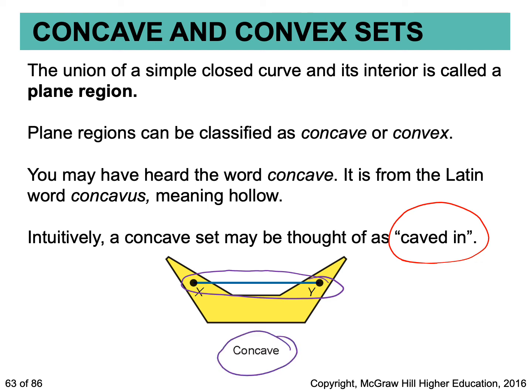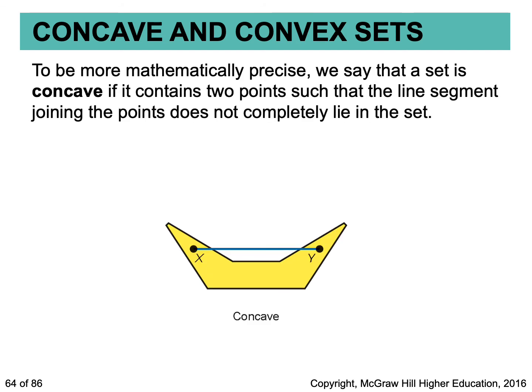If you have any 2 points inside of a shape and the line segment that connects them goes outside of the shape, then you have a concave shape. Even though we would be able to draw these 2 points and they stay inside, the fact that we have this one instance is enough for it to be considered concave. And that's what this definition is saying.